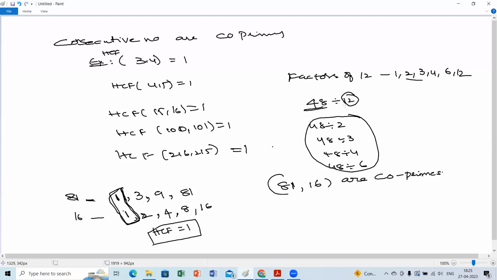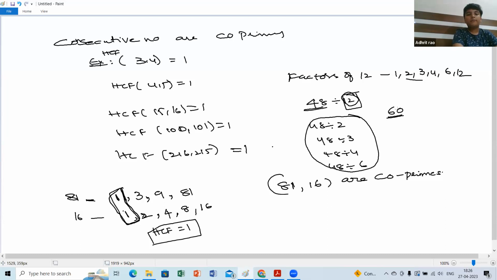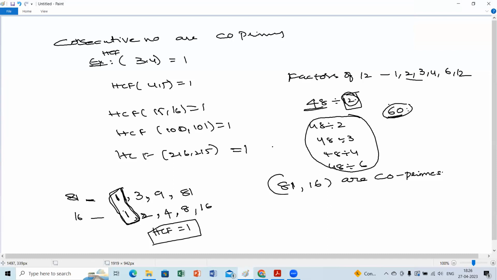Ma'am, can 62 be divided by 12? 62 is not a factor of 12, right?